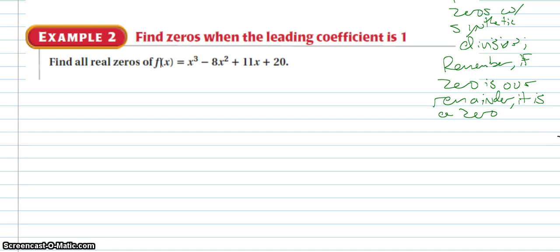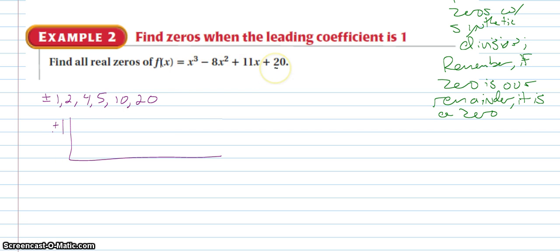With a leading coefficient of 1, it makes it kind of nice. We know that our possible zeros are 1, 2, 4, 5, 10, and 20. Now do yourself a favor, we're doing synthetic division, so test your small numbers first. So let's test positive 1. So we have our coefficients.